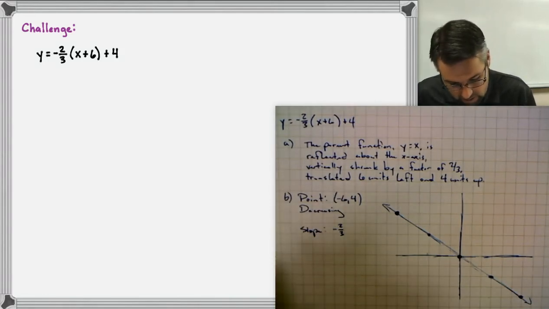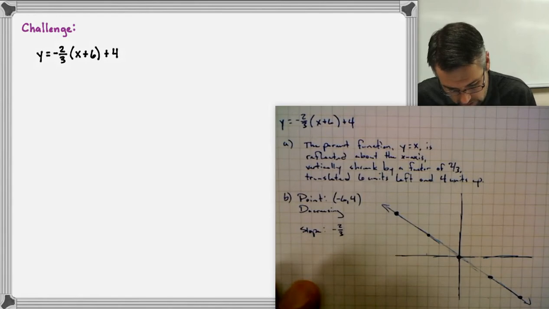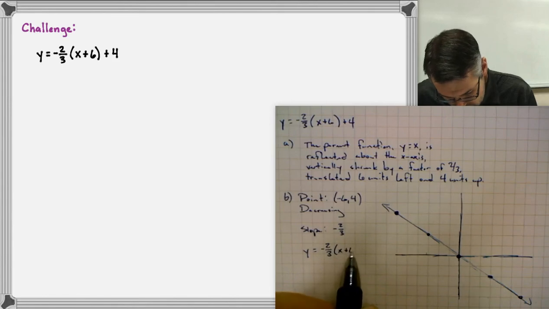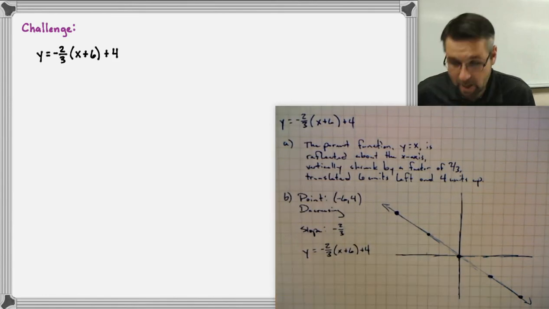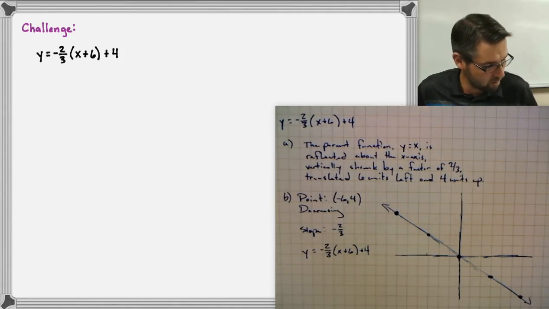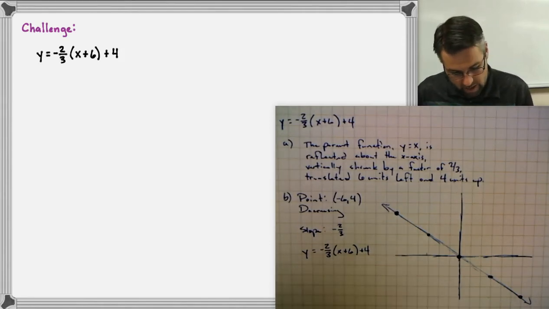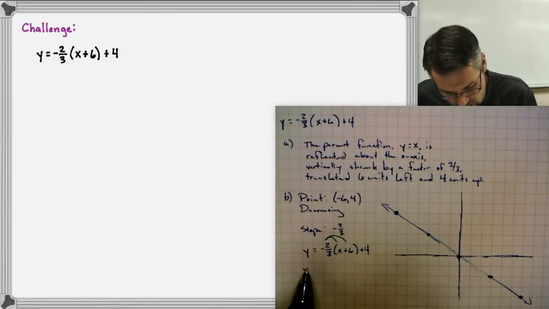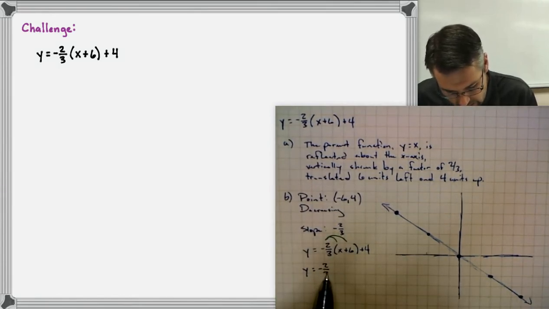The last thing, I guess we could talk about domain and range. I'll do that in a second. But before we do that, I want to look at the equation itself so that you can see that it's actually exactly what you would have expected it to be. If I convert this into slope-intercept form, well, the way I would do that is to distribute the -2/3 in. So I end up with -2/3 x.